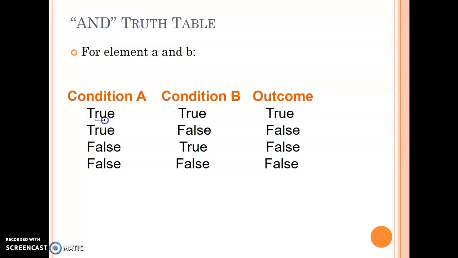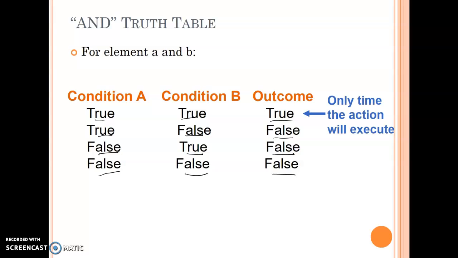If A is true and B is true, then the outcome will be true. If A is true but B is false, then it can't have a true outcome. If A is false and B is true, then I'm also going to have a false outcome. And if A is false and B is false, then I'm certainly going to have a false outcome. Only one time can the action actually execute, when both of them are true.